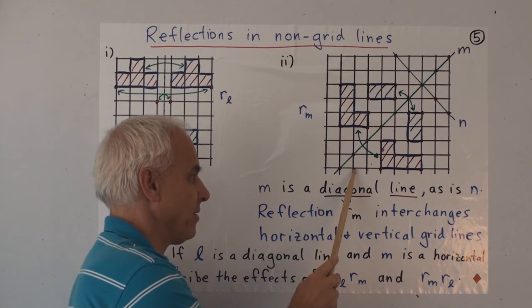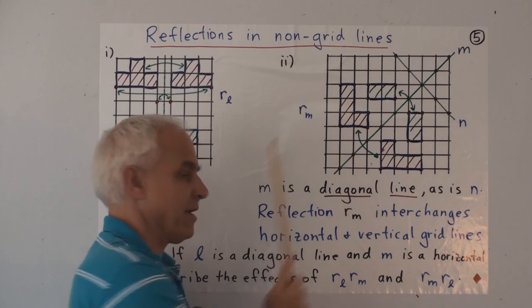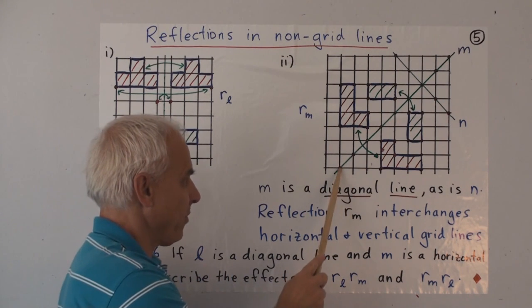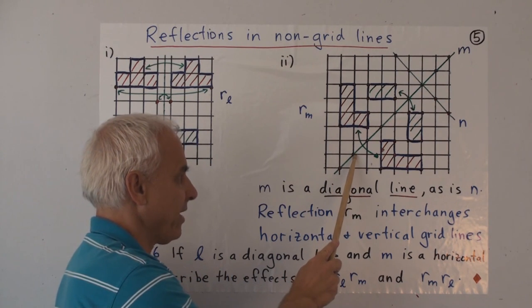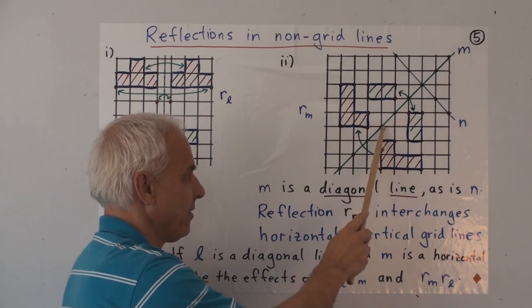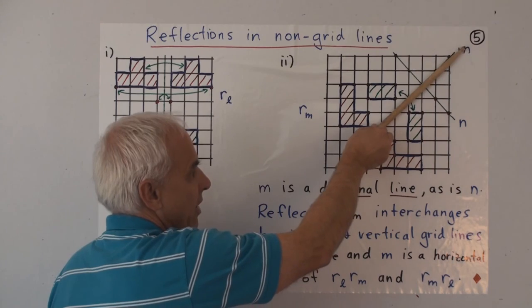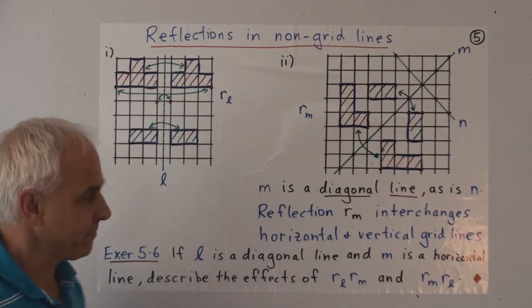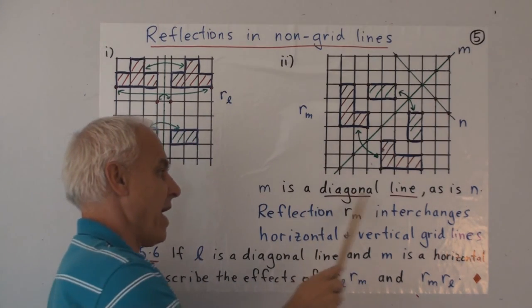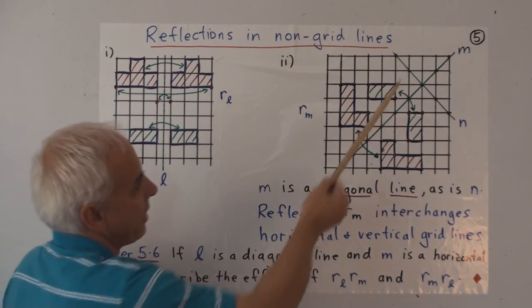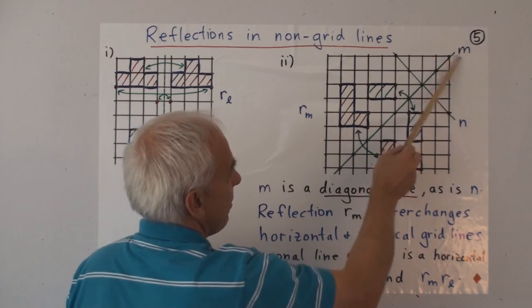So we translate to the right by 1, and we translate up by 1. Go from here to here. And then we repeat that. And again, and again, and again. Then all those points there lie on a new kind of line, which we'll call a diagonal line. And its name happens to be M in this case.